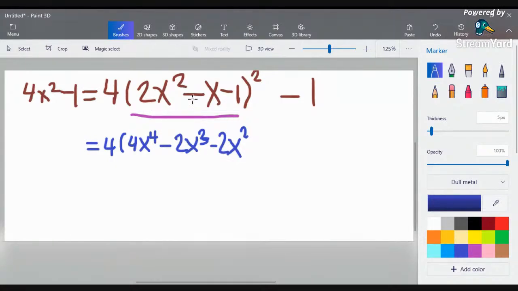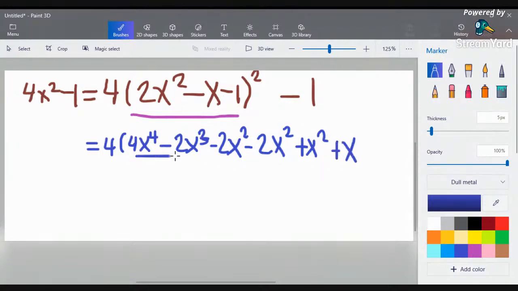Let's proceed with this. Negative x times 2x squared, we have negative 2x cubed. Negative x times negative x, we have positive x squared. And negative x times negative 1, we have positive x.